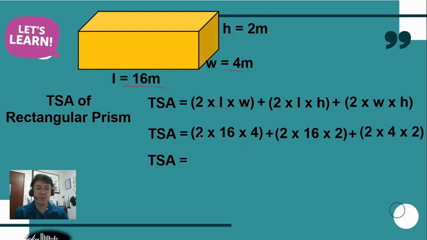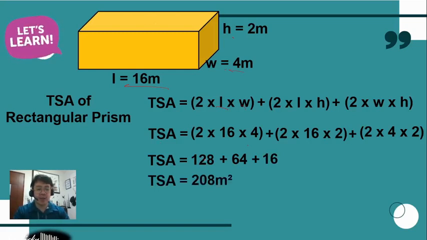TSA is equal to 2 times 16 times 4 is equal to 128, plus 2 times 16 times 2 is equal to 64, plus 2 times 4 times 2 is equal to 16. Therefore, if we add 128 plus 64 plus 16, the total surface area of this solid figure is equal to 208 square meters.